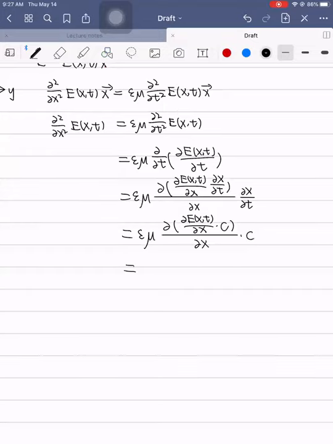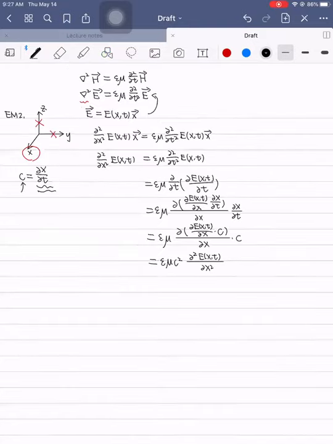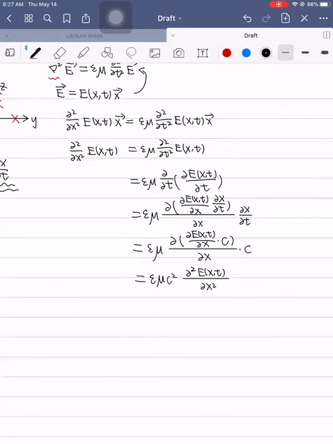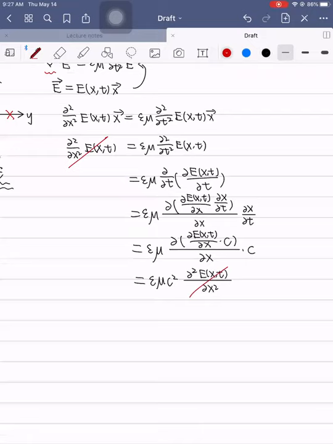Okay, so we can put all these constants outside. Oh, finally we arrived at this. It's clear we can cross out these two terms because they are exactly the same. So finally we got this.